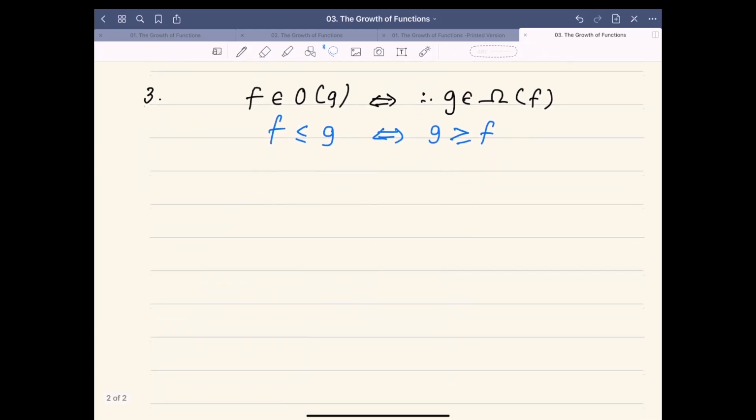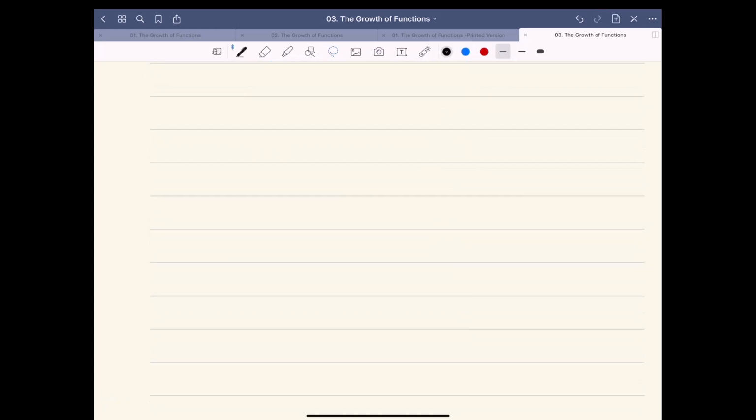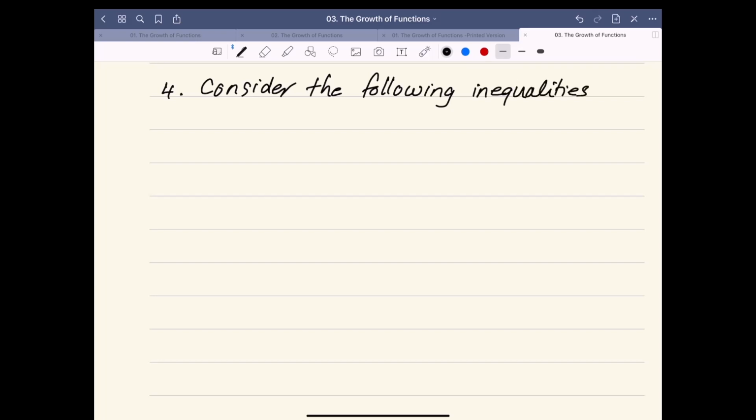Additionally, consider the following inequalities. This is going to be remark number 4. The first inequality is n less than or equal to 2 to the power n for all n greater than or equal to 1. We will label this inequality as equation number 1.